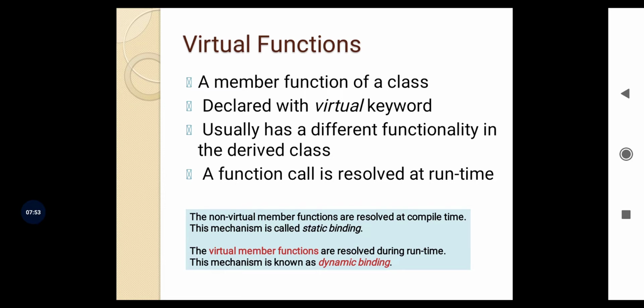So only when you have two functions of the same name in the base class and the derived class, and both functions have different implementations, that is where your virtual function comes into the picture, right?